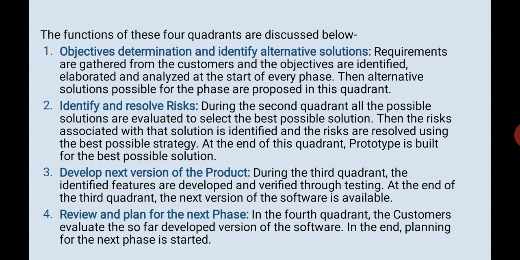So we are ready with the next version, which is an improved version of the previous one, right? Now the fourth one, that is review and plan for the next phase. In the fourth quadrant, the customers evaluate the so far developed version of the software, and in the end, planning for the next phase is started, right?